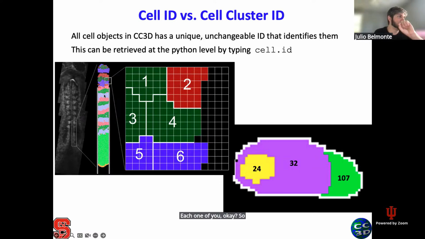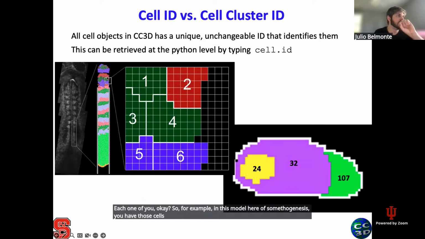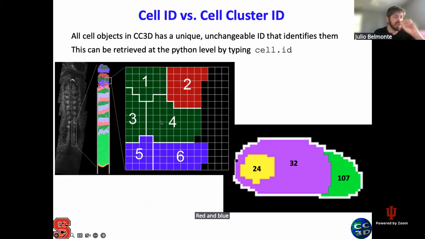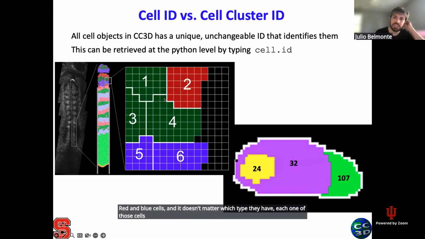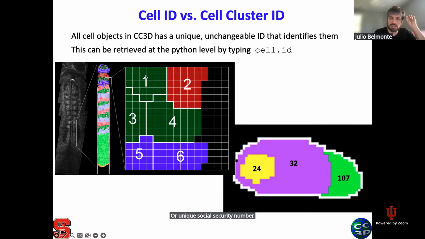So, for example, in this model here of somitogenesis, you have those cells as green, red, and blue cells. And it doesn't matter which type they have, each one of those cells has a unique cell ID, or a unique social security number. This cell has ID 1, this red cell has ID 2, 3, 4, 5, 6, and so on.